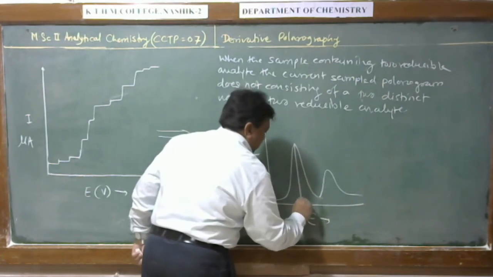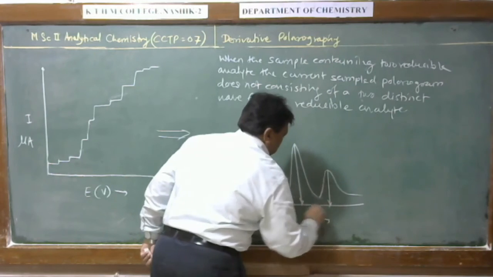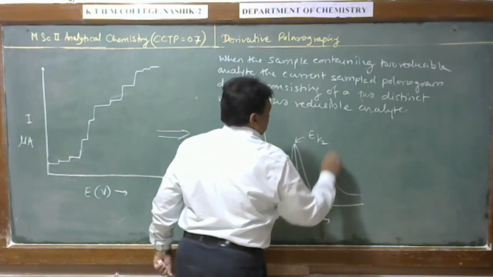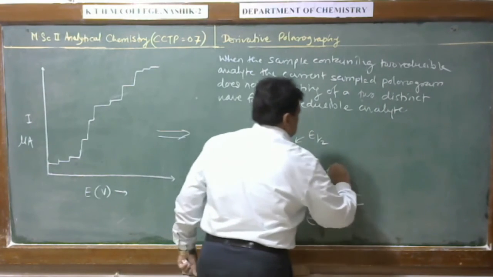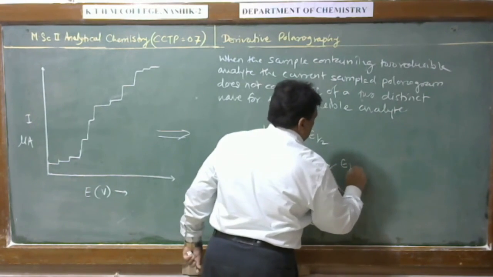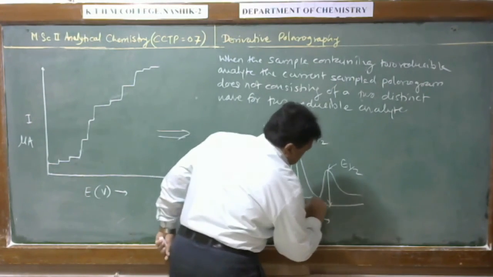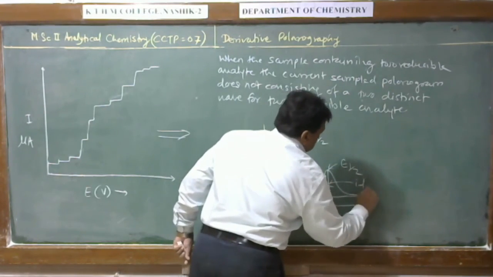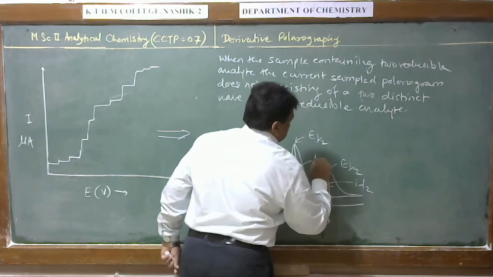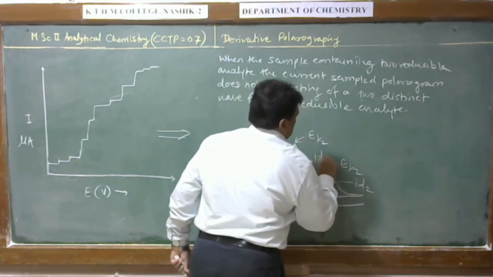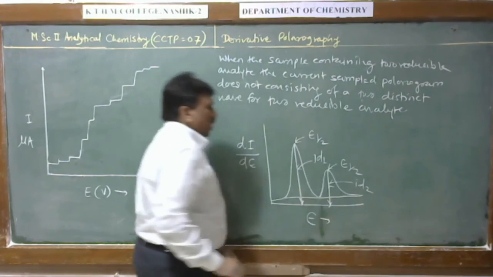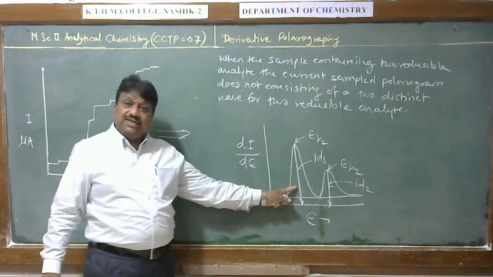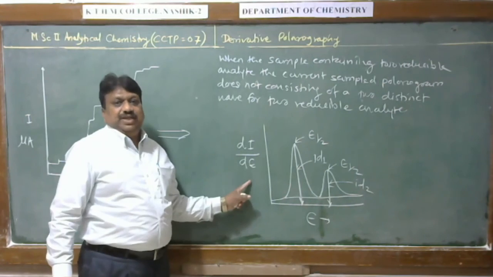This is E1/2 for the first analyte, this is E1/2 for the second analyte, and this is the baseline. This is Id2 and this is Id1. Therefore, two analytes can be easily identified if we use a derivative technique.